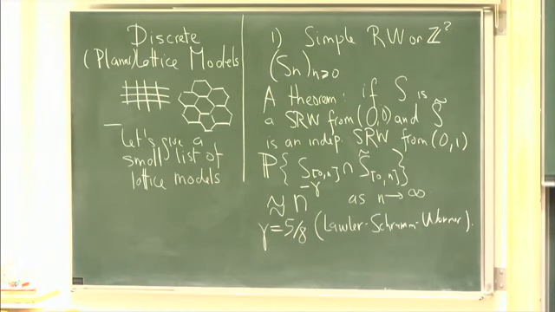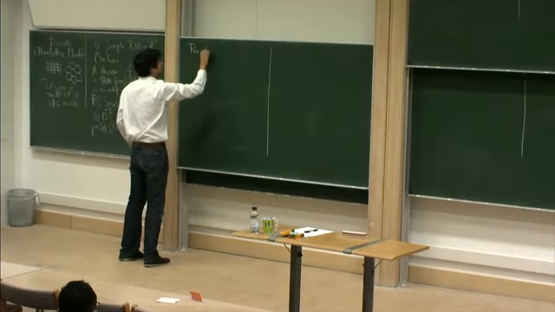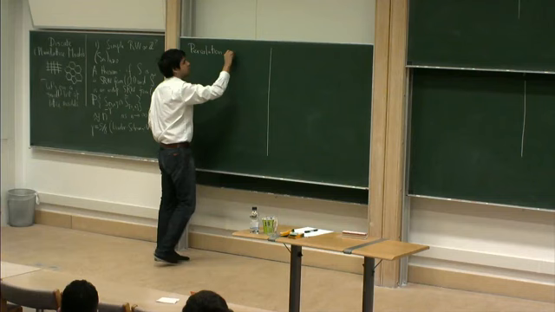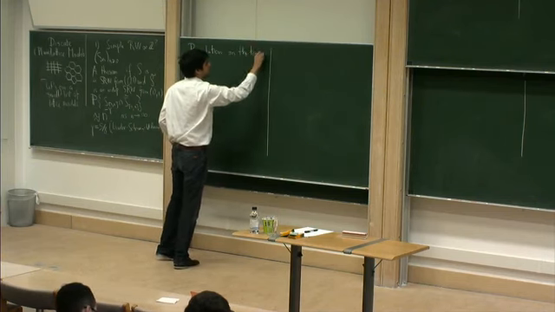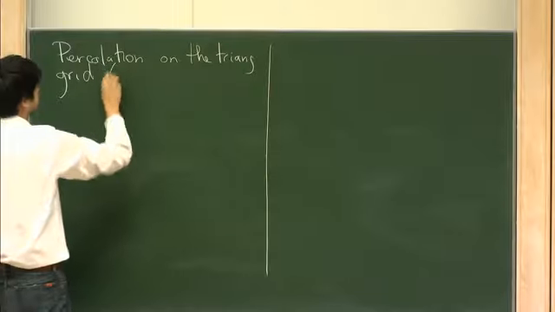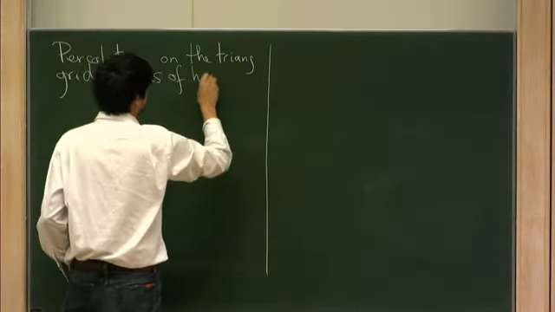Let's look at a simple example of another lattice model. So percolation on the triangular grid. That's the name you will find in the literature usually. It's the same as faces of the honeycomb grid.